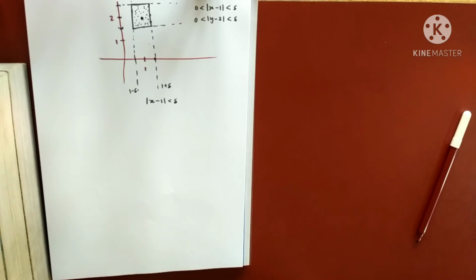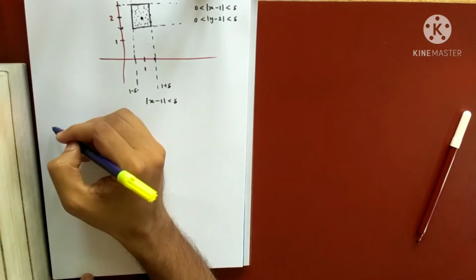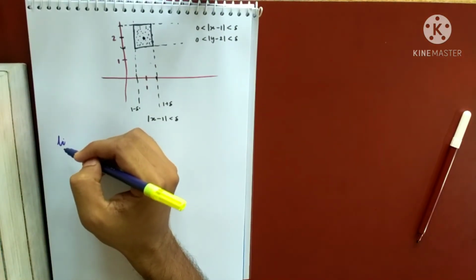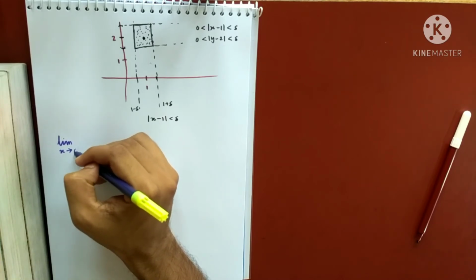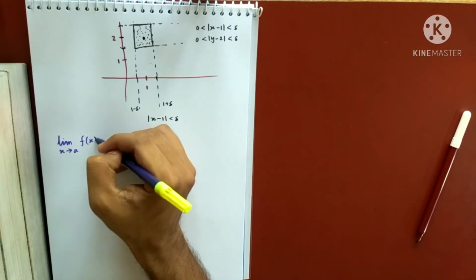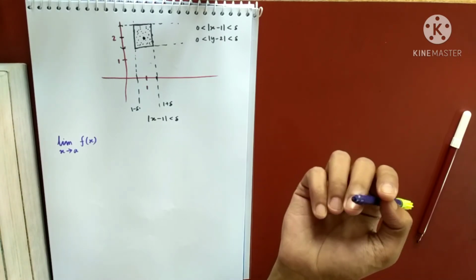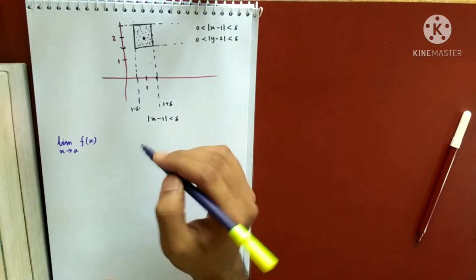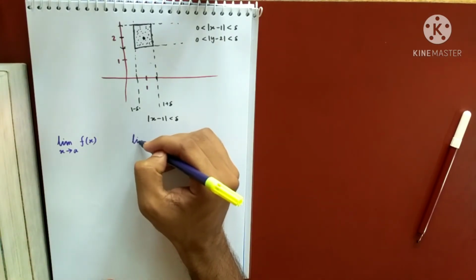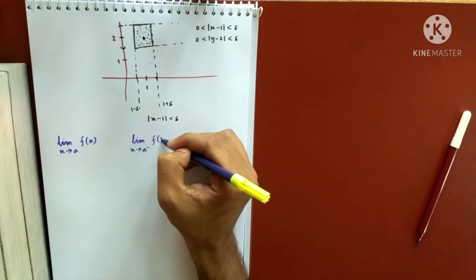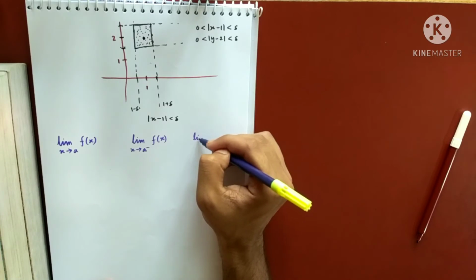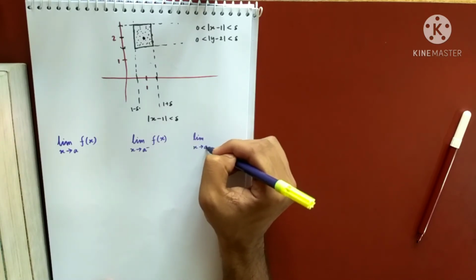There was one easy way of doing these things also. Suppose I wanted to check whether the limit of f of x as x tends to a exists or does not exist. So at class 11, 12 level, and also at undergraduate level, we can find the limit as x tends to a minus, I hope you know the meaning of a minus, and as x tends to a plus.